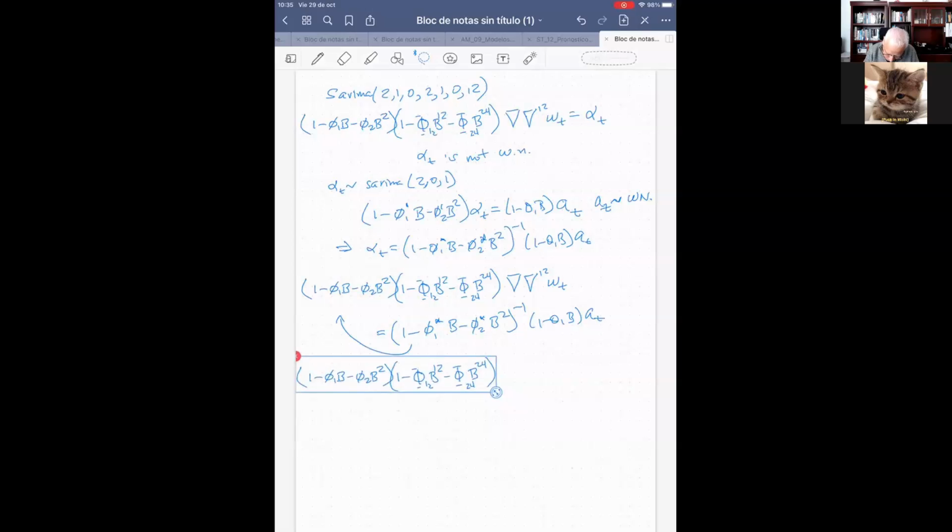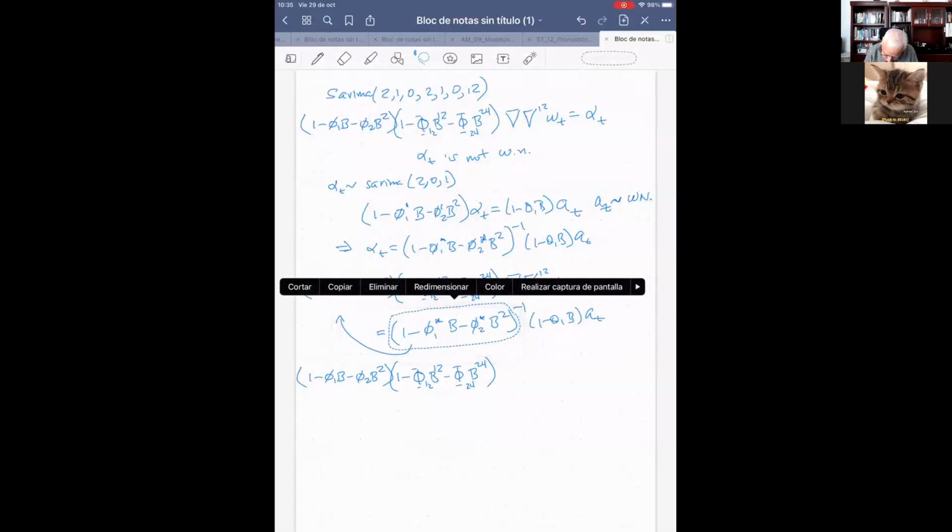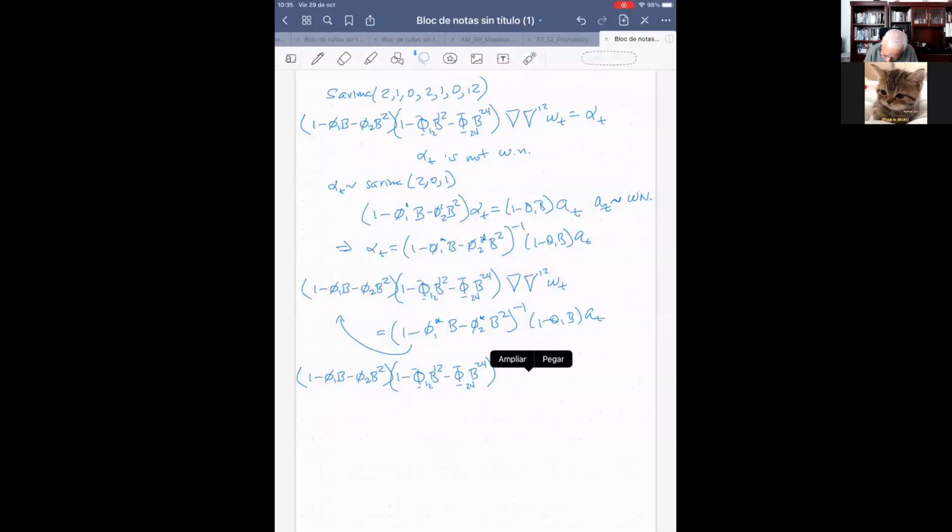And then I'm going to do the same thing with this one, but I'm going to put it not to the minus 1, but just without the power, on the other side of the equation. So I'm going to copy and paste. I have this polynomial.